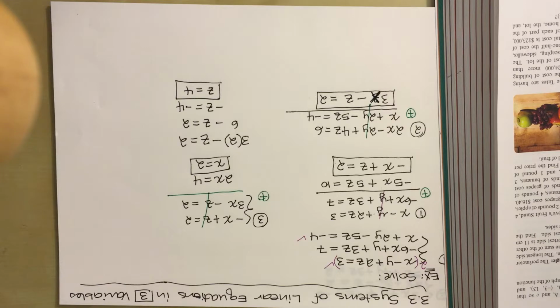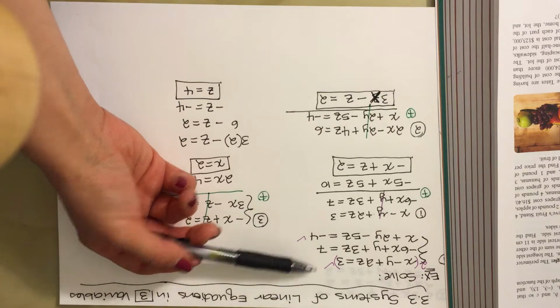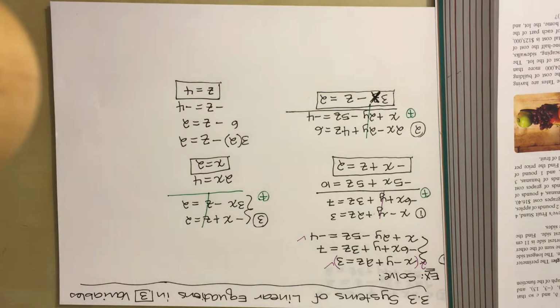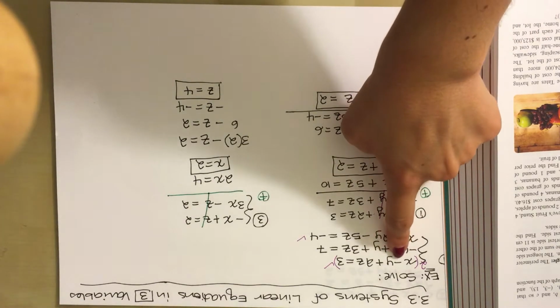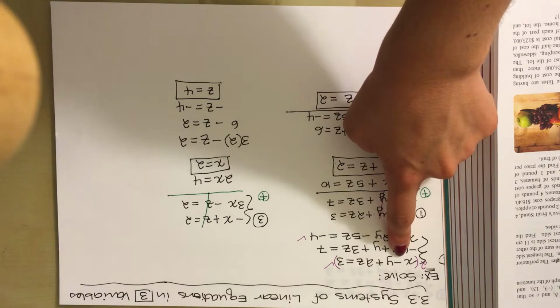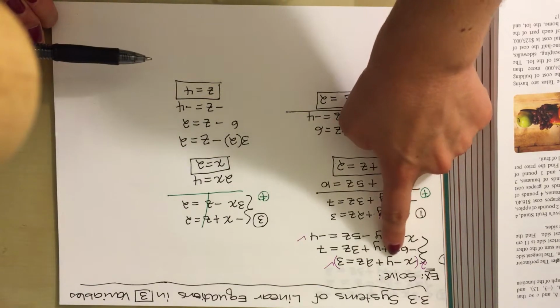To find y, we actually need to go back to one of the equations that contains y, which would be any of these three. And you can choose whichever one you want. I will pick the first equation because that's the easier one. Plug in 2 and 4 and solve for y.